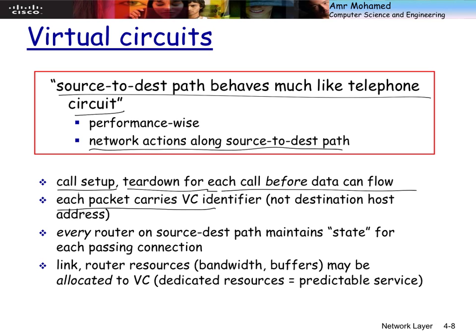Destination address is the address of the destination that I want to get to, but that doesn't necessarily mean I'm identifying a specific path that I have to go through. You see the difference? Here, the virtual circuit identifier identifies a specific pipe ID or a specific path from one host to another, which means that this path is very well known to every single router or switch across the path.